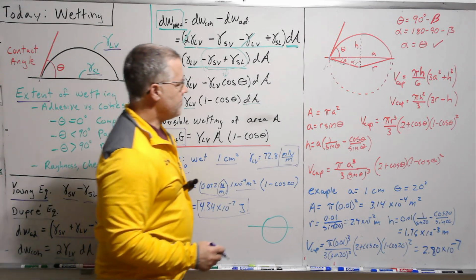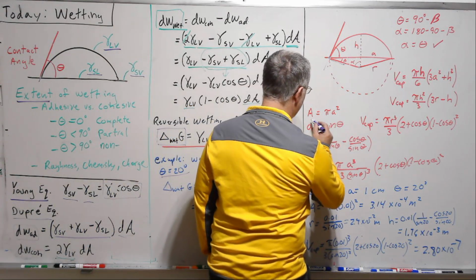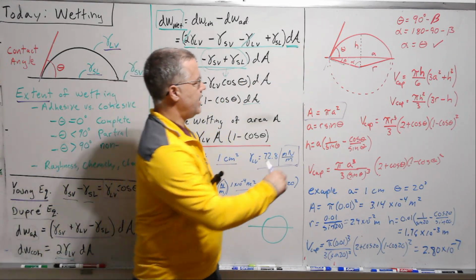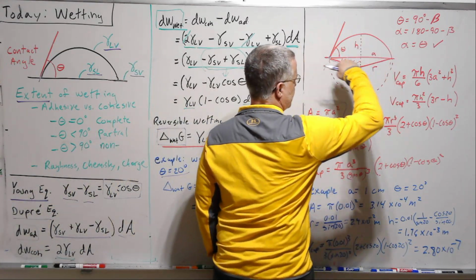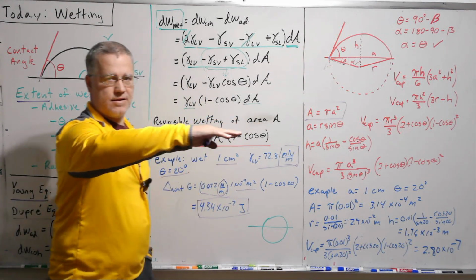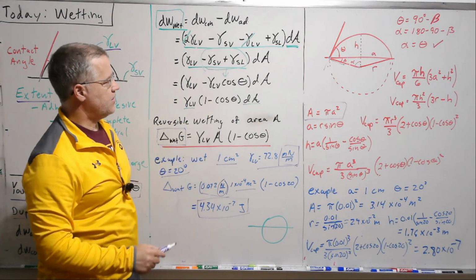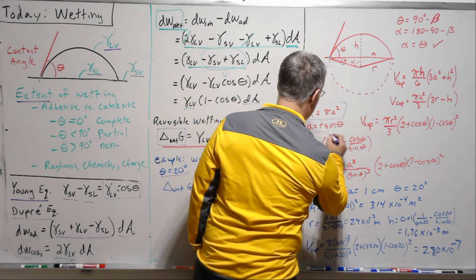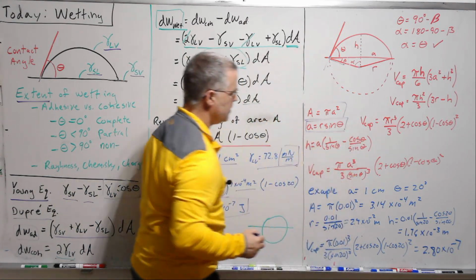All right, a couple of other things. The area is pi a squared, because a would be the radius of the disk that's cutting through the sphere here. A is going to be r sine theta.